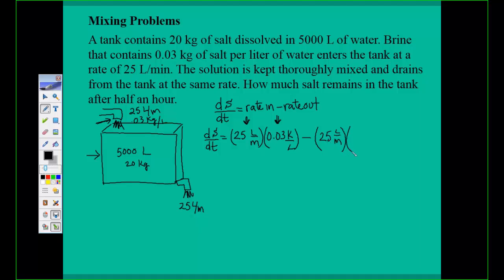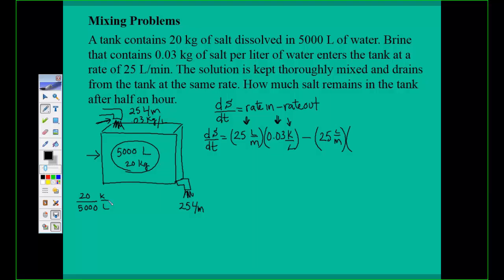Now the concentration, to determine the concentration, let's say we wanted to know the initial concentration here. If we wanted to know the initial concentration, and the units are kilograms per liter, we would take 20 kilograms over the number of liters. This would give us our kilograms per liter.